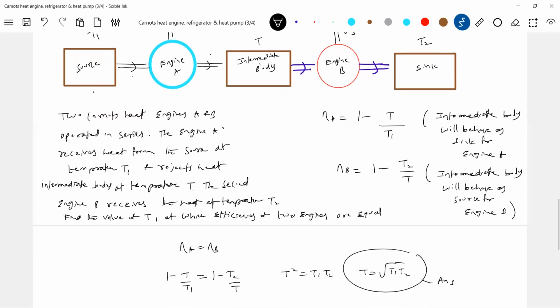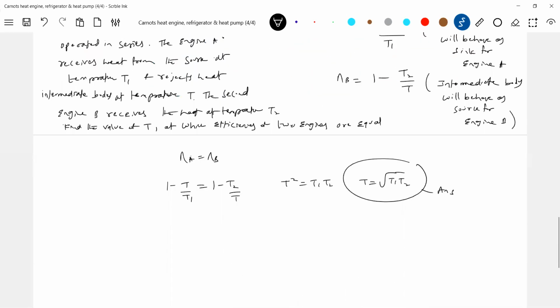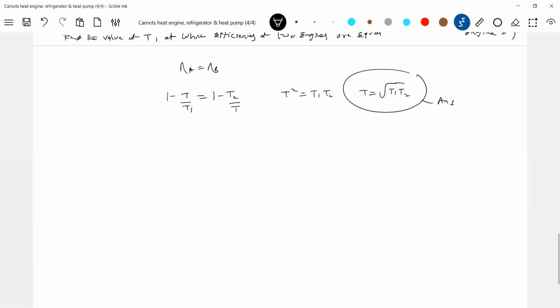Now the Carnot cycle. Again, the second law of thermodynamics is what we can interpret here. What is the second law of thermodynamics? I think you already know it from chemistry. Let me write the second law of thermodynamics.